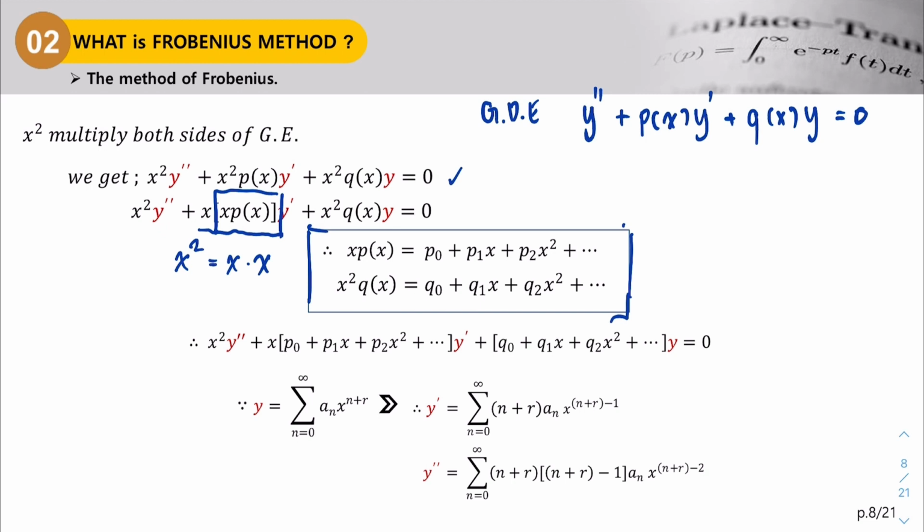y in the power series, y equals the sum n equals 0 to infinity of a_n x^(n+r), and we differentiate y. We get y prime equal to the sum n equals 0 to infinity (n+r) a_n x^(n+r-1), and we do the same to get y double prime equal to the sum n equals 0 to infinity (n+r)(n+r-1) a_n x^(n+r-2).